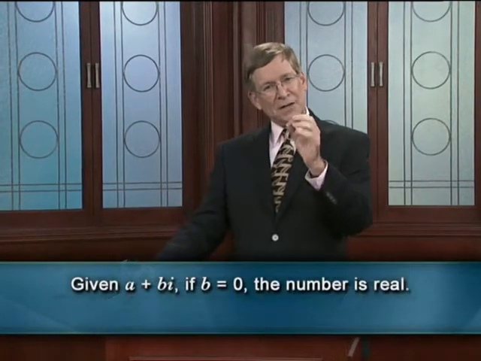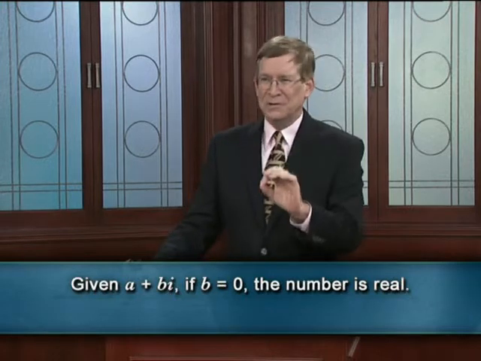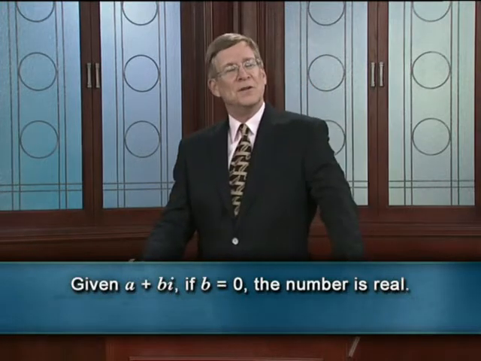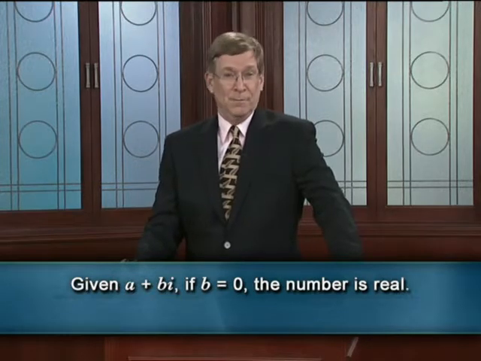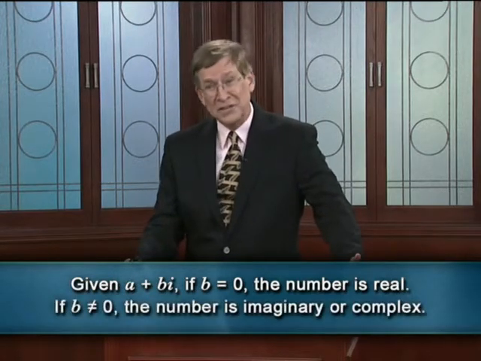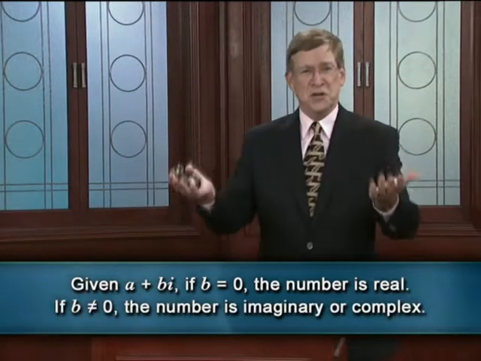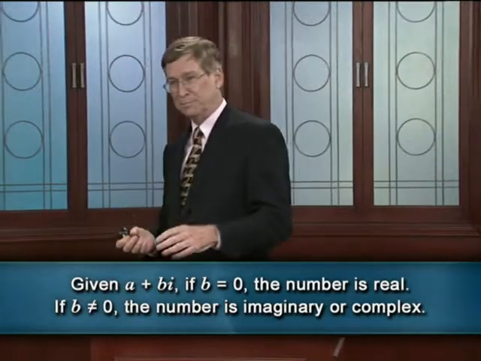Okay, a little complicated. Let me talk a little more about some of the terminology, and then we'll do some examples. In particular, given a plus bi, if b is 0, then the number is real. a plus bi would just be a, and then the number is real. And if b is not 0, then the number is an imaginary number or a complex number.